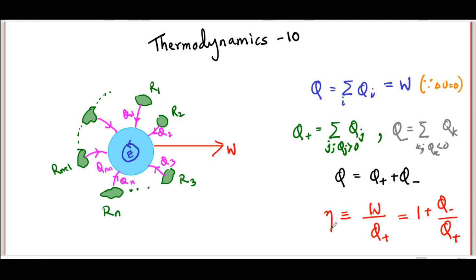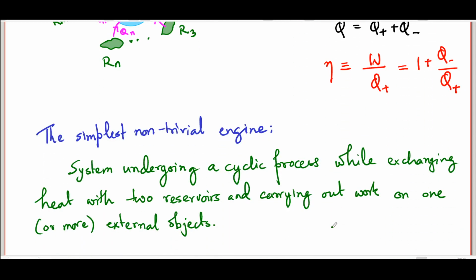We had decided that the most simple, non-trivial engine that we can have, one which will actually exist and do work for us, is a system which undergoes a cyclic process. Of course, every engine has to have a system which undergoes a cyclic process, while exchanging heat with two reservoirs, the bare minimum that you can have, and carrying out work on one or more external objects.